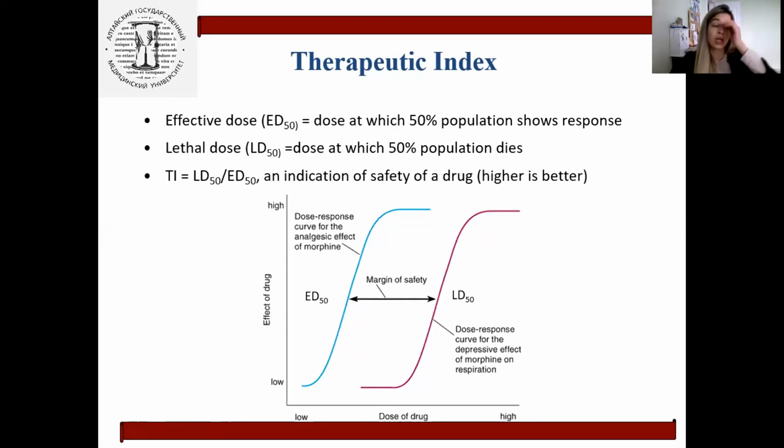If you administer the drug only within this margin of safety, then you can be sure your patients will not die because of overdosing and having the lethal dose of the drug. So we always want to administer drugs which have a big margin of safety, because the bigger these numbers are, the safer our patient is.